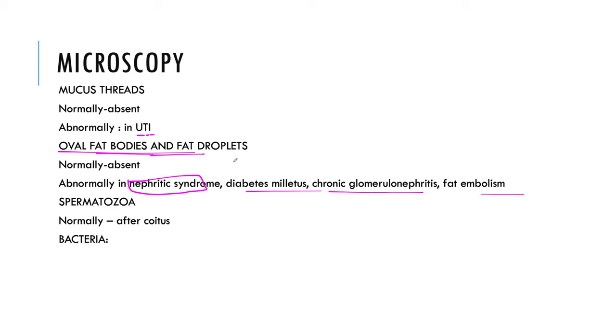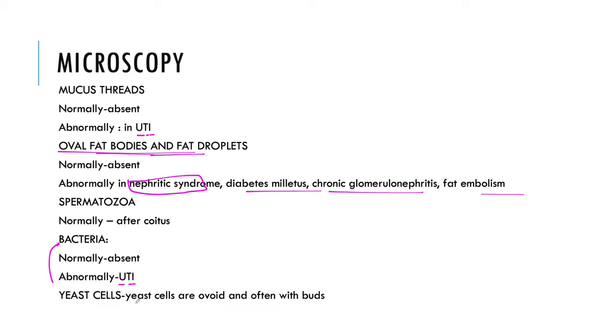Usually bacteria are absent, but in urinary tract infection, which can be caused by different kinds of bacteria, they can be present. And yeast cells are especially ovoid and often with a bud. Generally they are absent, but in some cases they can be present.